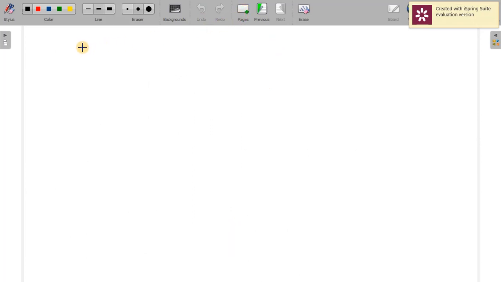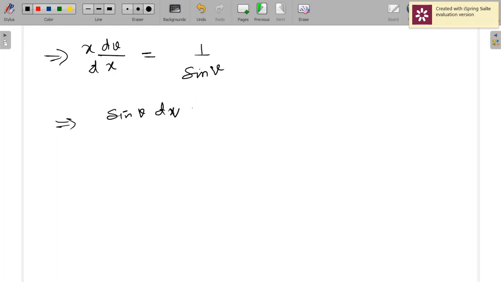So we get x dv by dx same as, after cancelling the term I get it as 1 by sine v, right, which is same as, I'll take this sine to the other side, sine v dv equal to 1 by x dx.